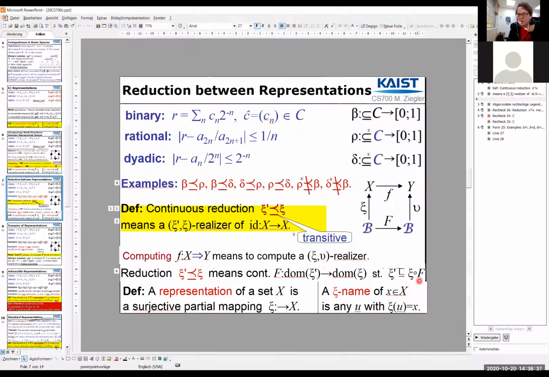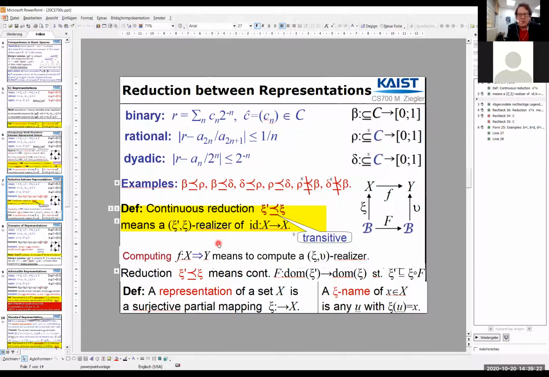That's the intuition for how I memorize this. Namely, if we apply the right hand side of this composition to a psi prime name of something, then f should translate that to something which psi then maps to a name of the same element. So that's the same thing. And here we use again this notion of a restriction, or rather on the right hand side the opposite, an extension, because we don't prohibit f from doing whatever on arguments that are outside of the domain, where it can be undefined or produce anything.